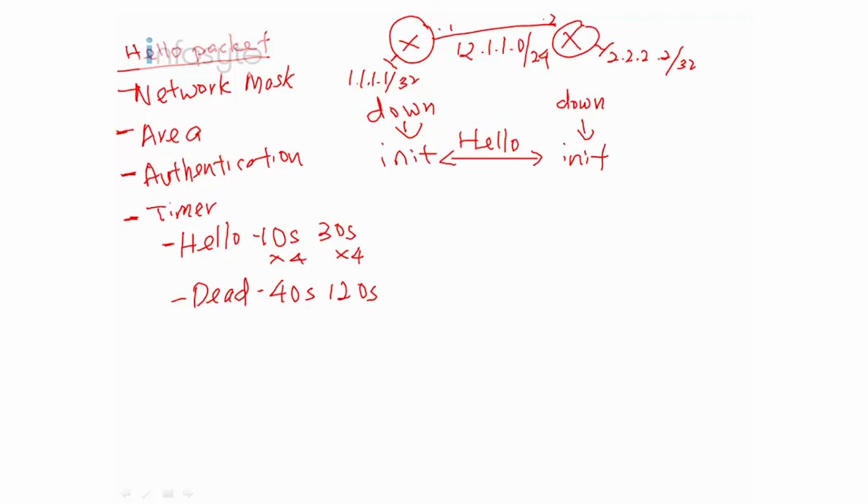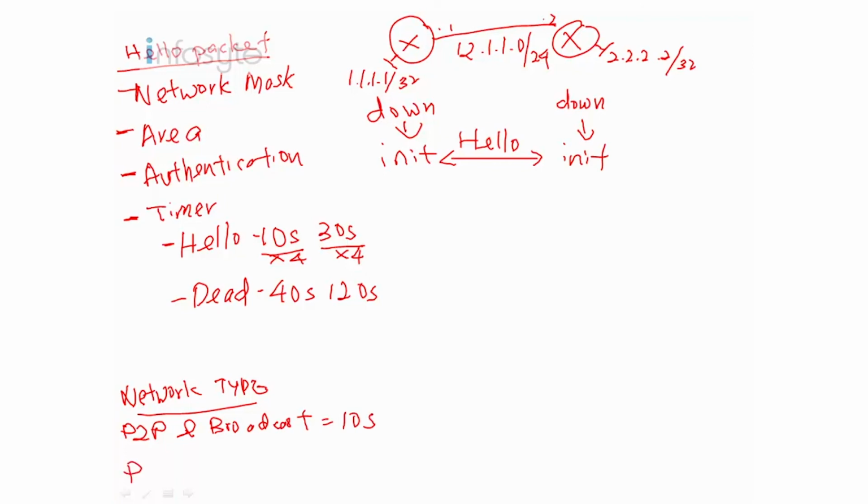In what situation do we get 10 seconds and 30 seconds? In this case, we need to go back to the network type. When you belong to point-to-point and broadcast, you are using 10 seconds.